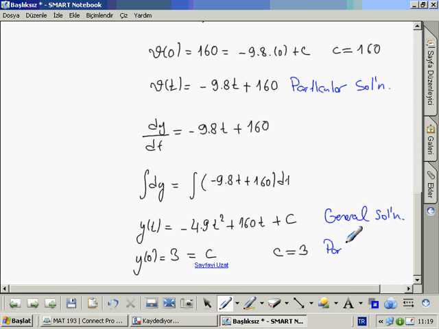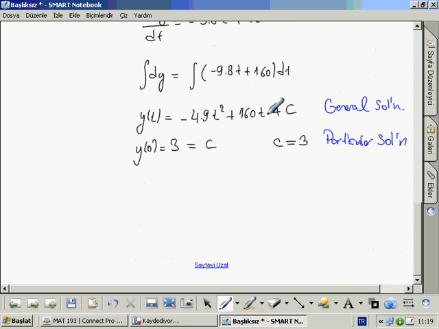This is the particular solution: y of t equals minus 4.9 t squared plus 160 t plus 3.